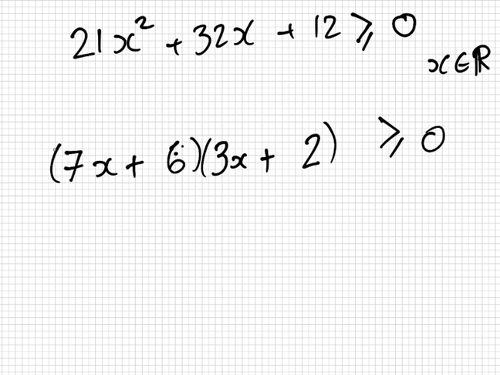They're both positive. Is that all? Both negative. So you have two possibilities to consider. The first one is a positive and a positive, or a negative and a negative.